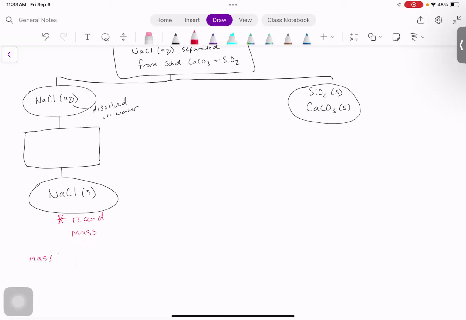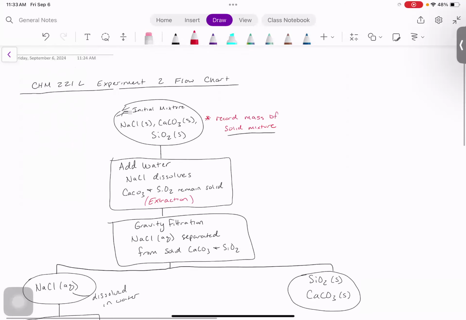The mass percent of sodium chloride in the solution is going to be equal to the mass of the NaCl over the total mass of the mixture times 100. So the mass of the solid sodium chloride we'll measure here. The total mass, remember, we measured at the beginning.